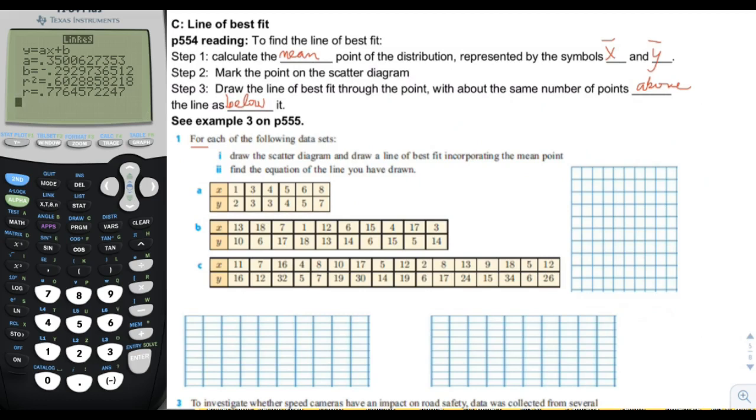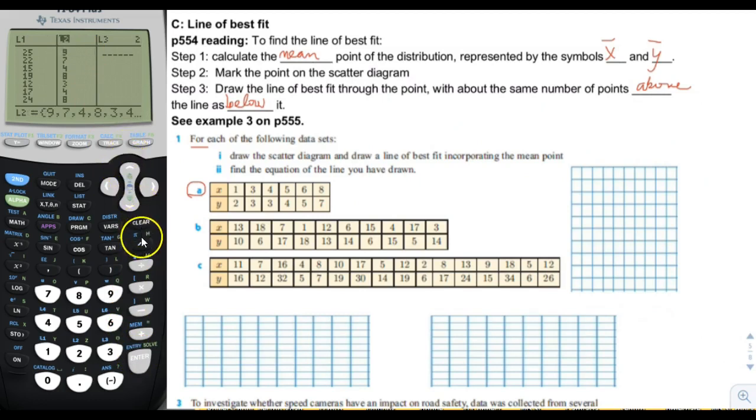Okay, so let's look at A here. To find the mean here, we could use the calculator. And I'm just going to go ahead and show you how you use stat edit to do this, because we're going to do that anyway. No reason to suffer. Gonna clear out my data here.